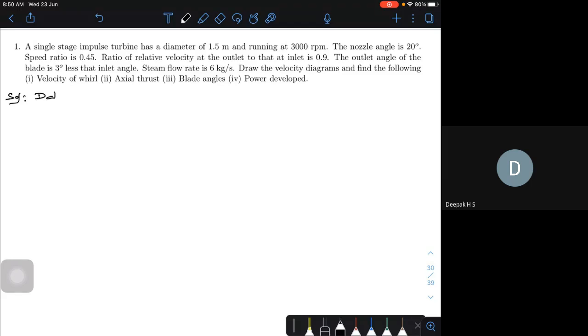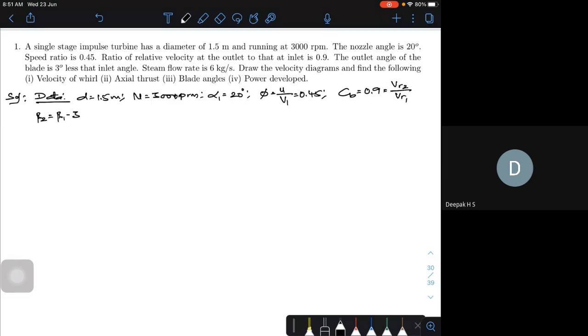So, what is the data that is given? They are given the diameter, that is 1.5 meter, speed is 3000 rpm, and they given the flow angle, that is nozzle angle, alpha 1, which is 20 degrees, and they given the speed ratio, that is u by v1, which is 0.45, and they are given the friction factor, that is Cb, what we have taken, that is vr2 by vr1, which is 0.9, and they are telling that beta 2 is 3 degrees less than your beta 1.